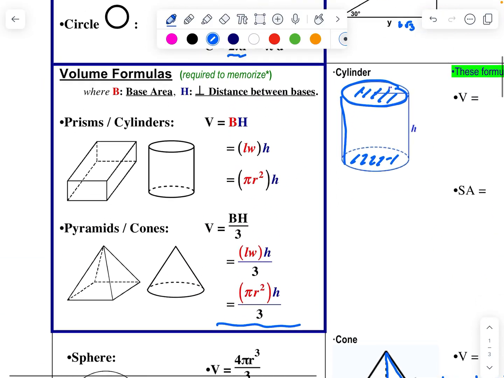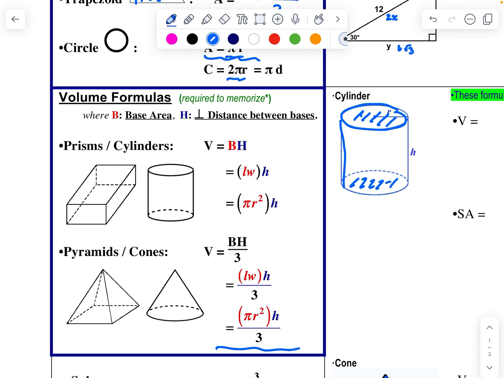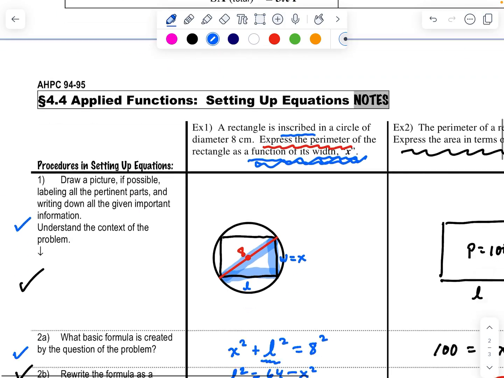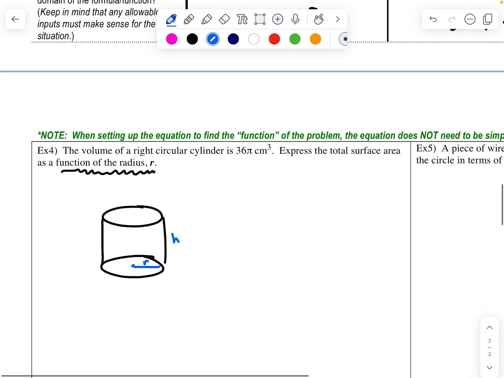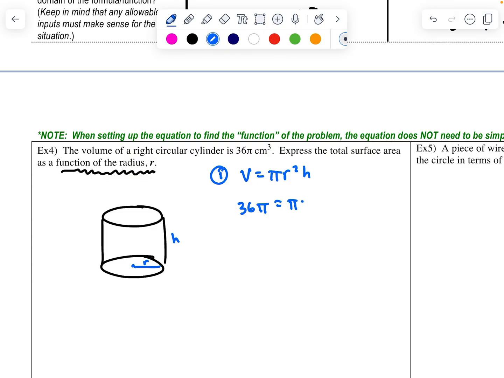Your volume for a cylinder is going to be pi r squared h. So equation number 1: volume equals pi r squared h, or 36 pi equals pi r squared h.